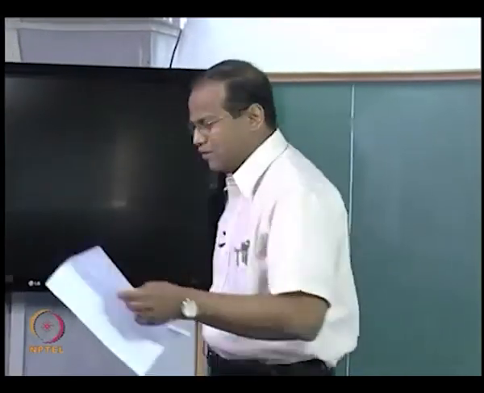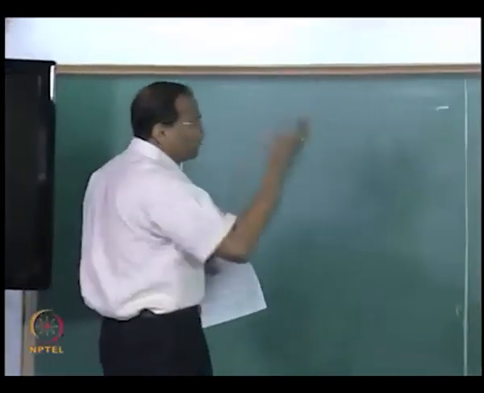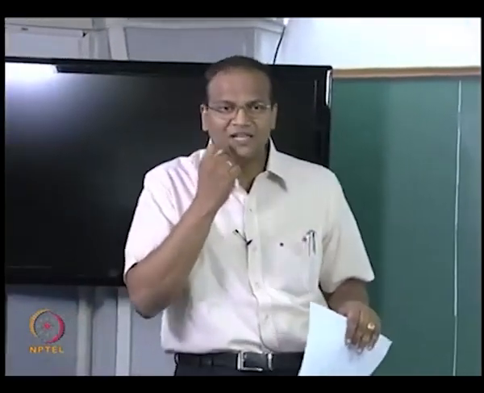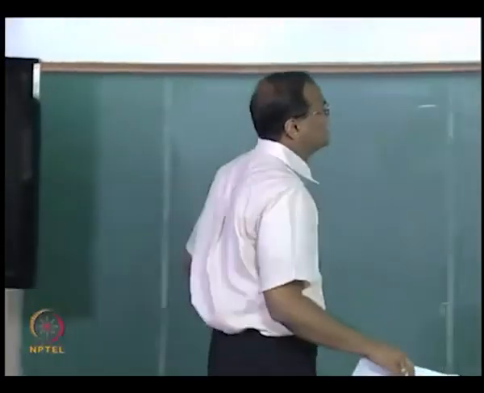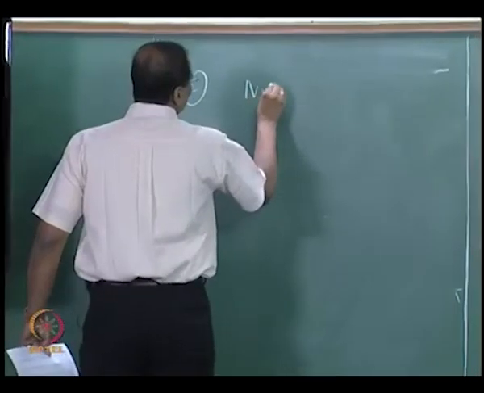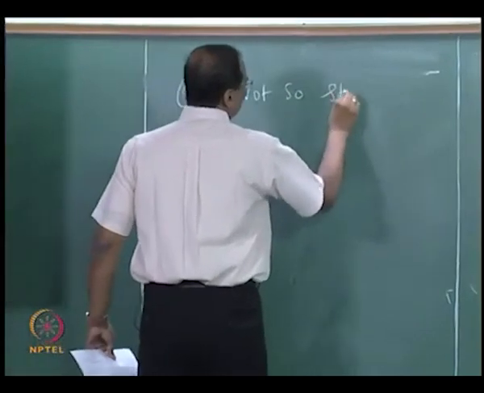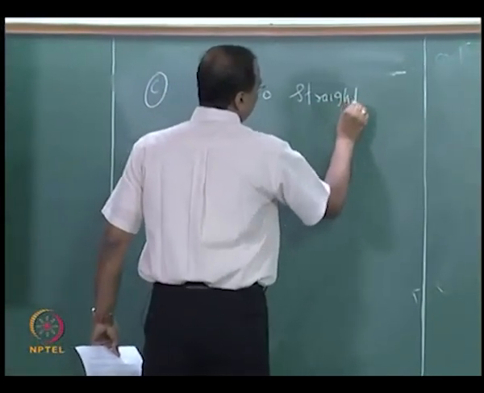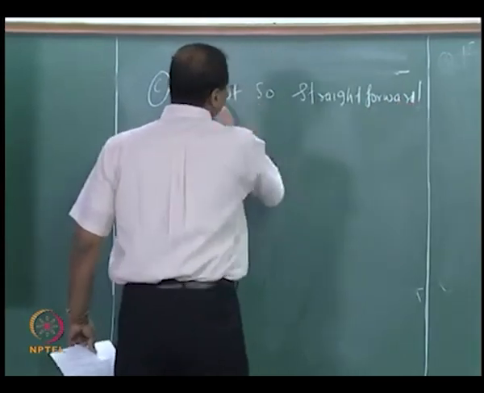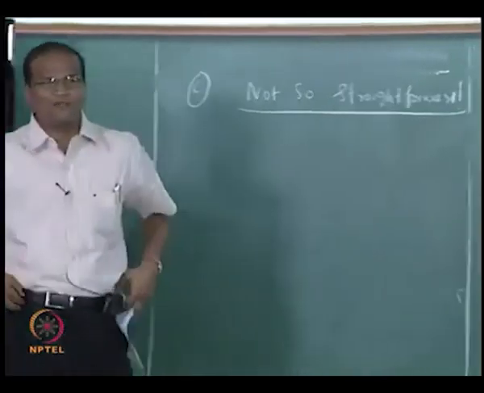Therefore I have to make an assumption, since I do not know where that 50% lies. My intelligent guess is based on Wien's displacement law, which gives 2898 micrometer Kelvin at the maximum. So part C is not so straightforward.